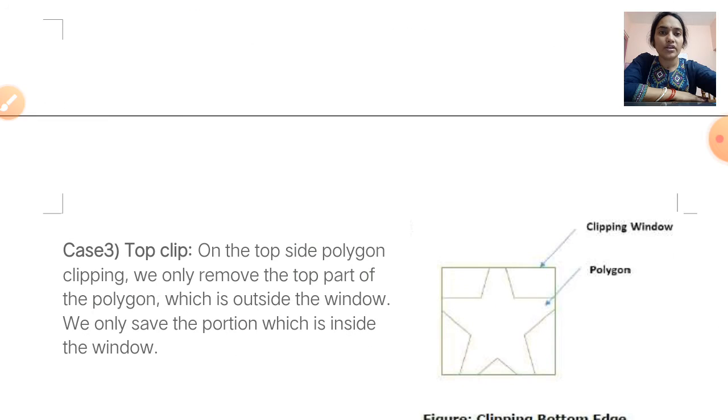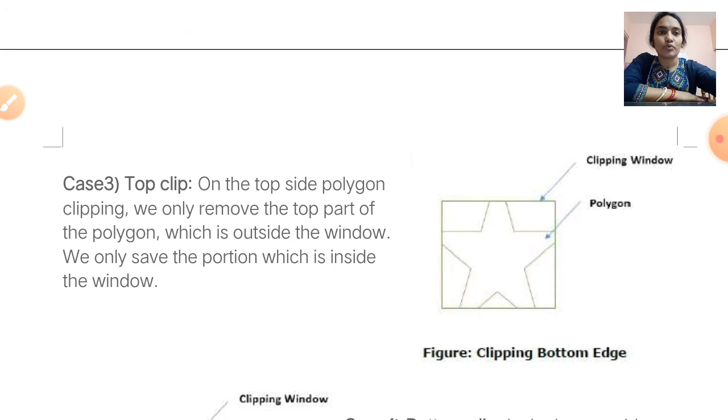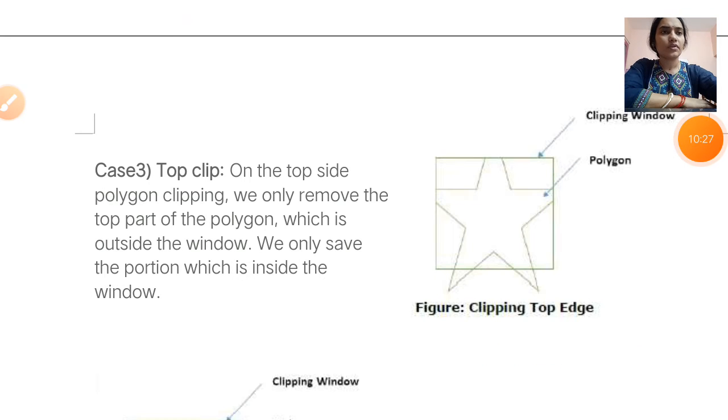Next, we will clip the top portion. Let us discuss the top clip. In the top side polygon clipping, we only remove the top part of the polygon which is outside the window.